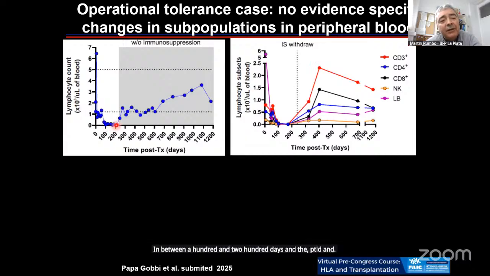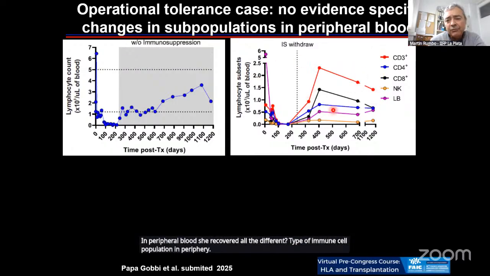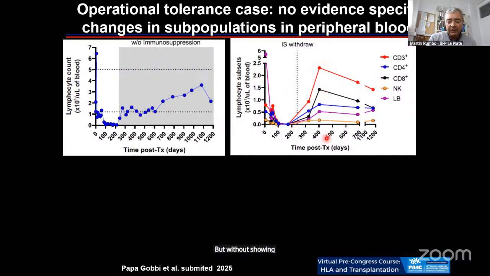And after releasing the immunosuppression, she recovered lymphocyte count in peripheral blood. She recovered all the different types of immune cell populations in the periphery, but without showing signs of alloreactivity or activation of either rejection or graft versus host disease.